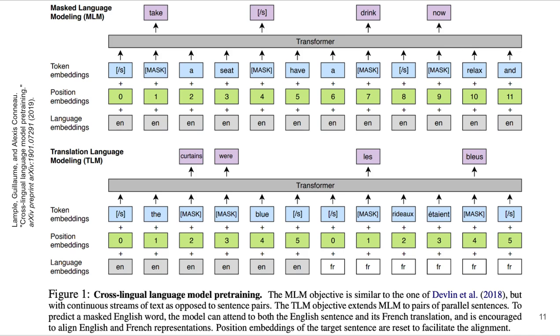We mask tokens and have to predict them, so the context surrounding the masked token for both languages has to be considered to successfully pre-train in this manner.